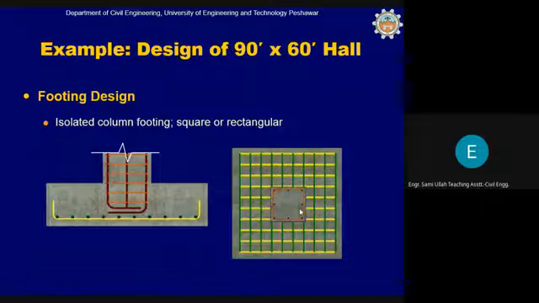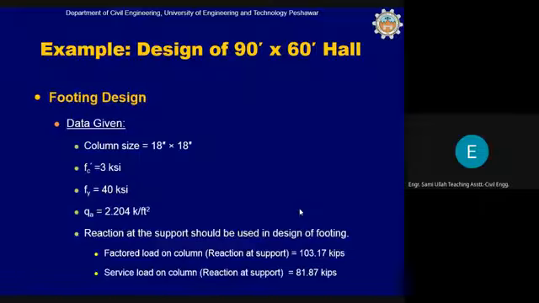The reaction at the support should be used in the design of footing: factored load on column, reaction at supports. After you finish your frame analysis like this, you will determine these reactions, and these reactions will be applied as load on the footing.